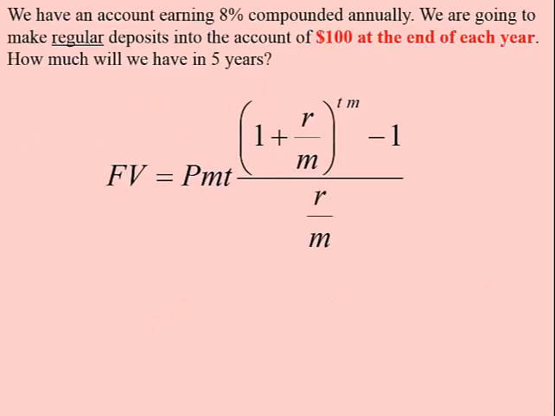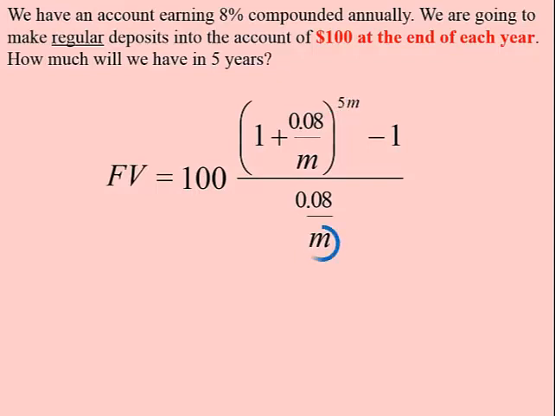In this problem that we were doing in the beginning, which we've already done manually by doing the compound interest formula 4 different times, we're going to see how we can do it in one calculation. We deposit $100, that's our payment. The interest rate, 8%. Now that goes in both places where the R is. The time is 5 years.